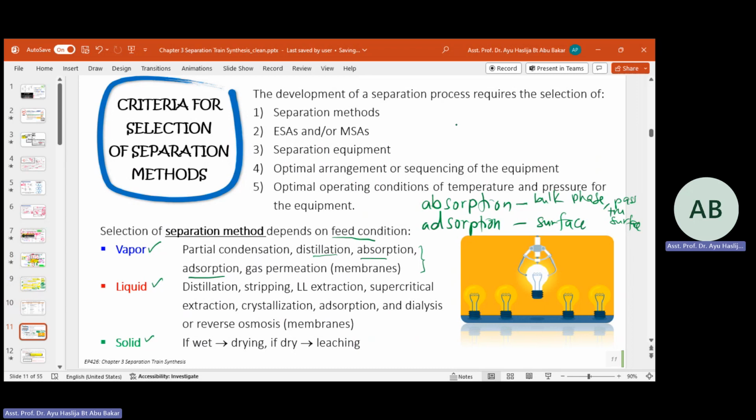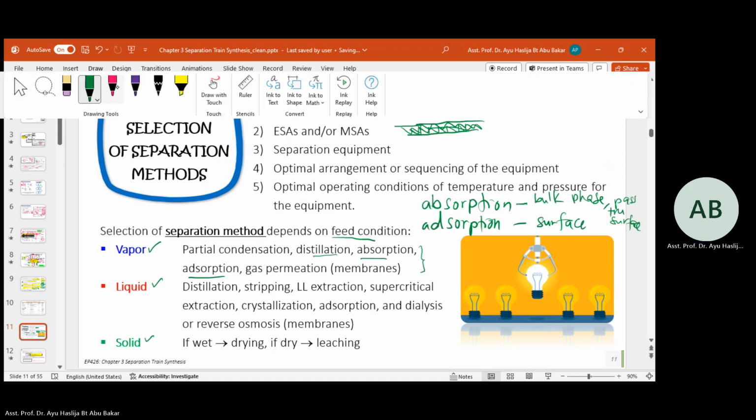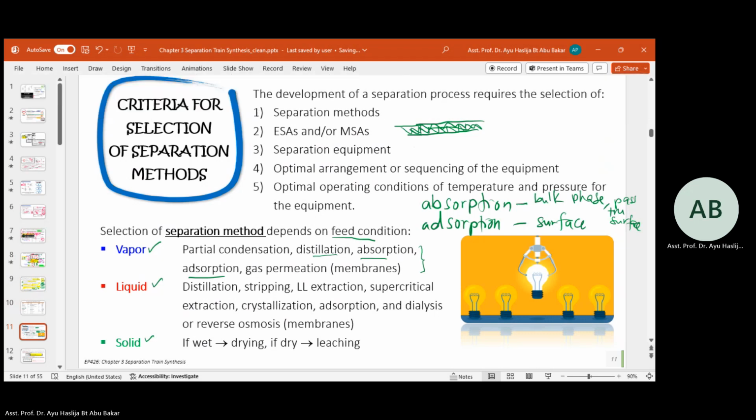Okay, absorption, for example, we have this. Your solution can pass through.